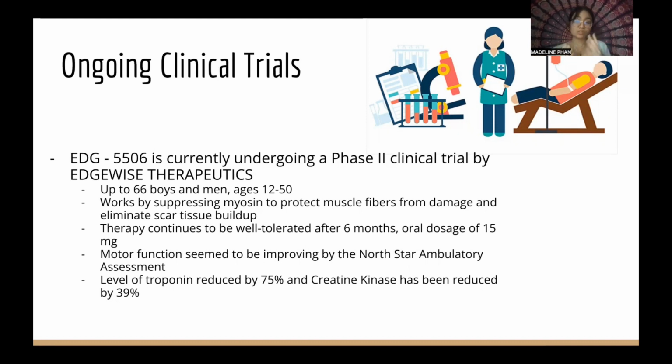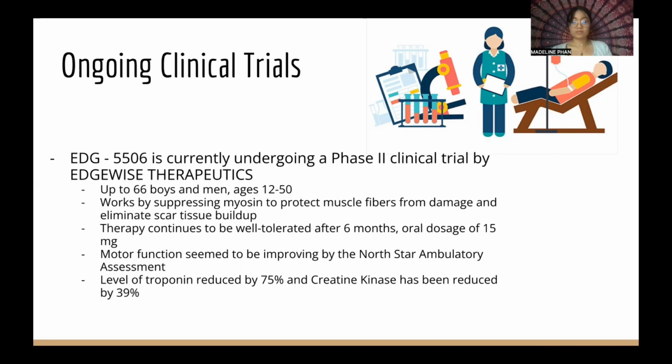A phase 2 clinical trial is done on actual BMD patients, but a smaller number of them, so that the researchers are able to test side effects and the safety of the drug. They're able to test how this actually works on humans, and if the effects from those animal trials really correspond to what will happen if we put these drugs in humans.